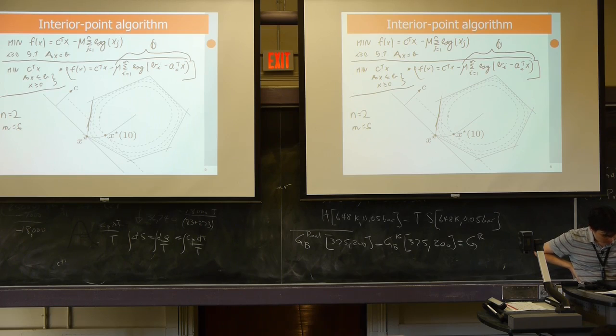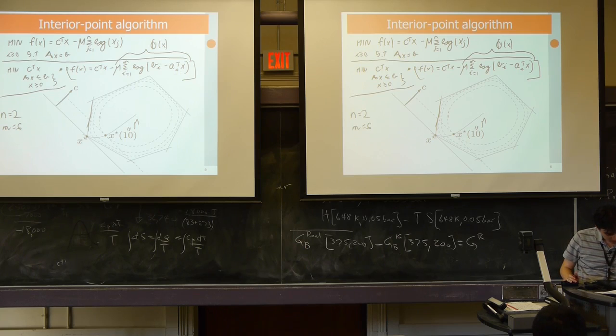These dashed lines are the contours of the levels of this function phi of x. And for each mu, say for mu equals 10, we solve this problem. In the solution, the gradient of c transpose x should be parallel to the gradient of this phi of x. So the gradient of c transpose x, you see, is this vector.